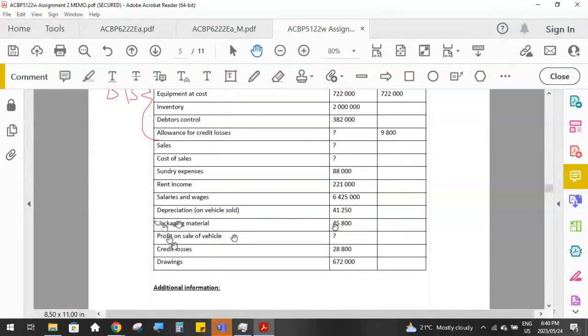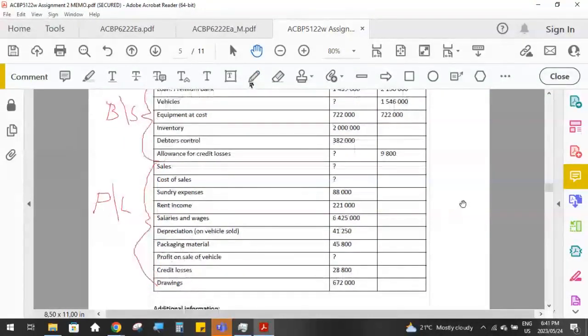Profit on sale of vehicle would be a type of income, and then credit losses is an expense, and drawings is an expense in that it reduces the owner's equity, so that's classified as an expense. So these accounts here are then all of our profit and loss accounts. So this is also something super important.